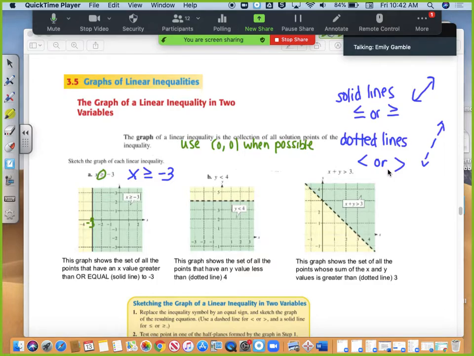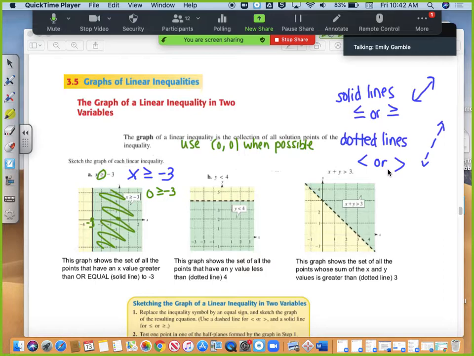But 0, 0 is the best point to use because it takes all the variables and just turns them to 0. Since there's only one variable here, and it's just x, you would just replace it with 0: 0 is greater than or equal to -3. That is true, and since 0 is over here, that's why they shaded this whole region here.